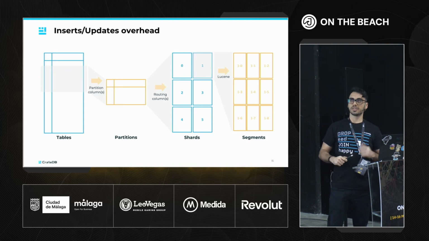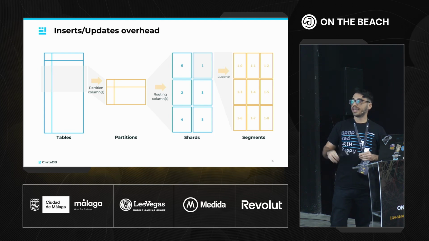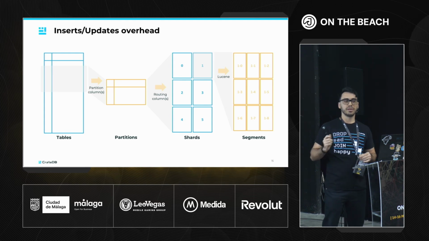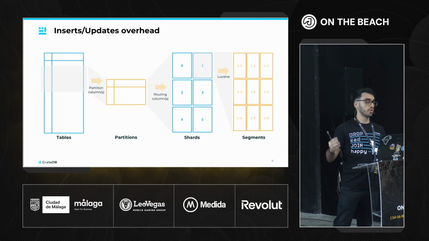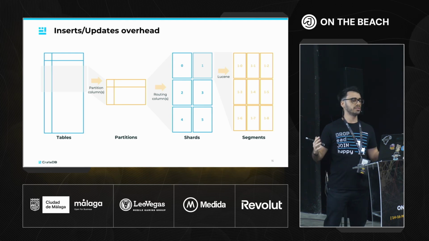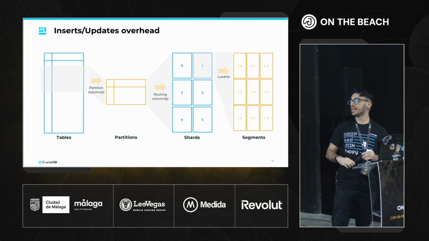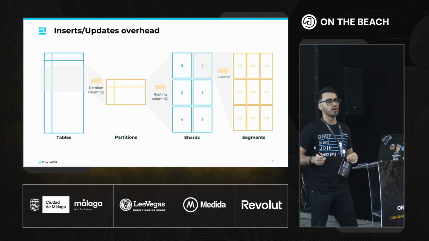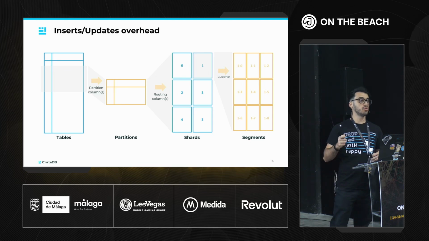But there is some fundamental aspect of CrateDB that allows us to be very efficient about it. Tables in CrateDB are split in shards. You can have only one shard, obviously, but typically you build several shards. Every shard is mapped one-to-one to a Lucene shard, a Lucene index.